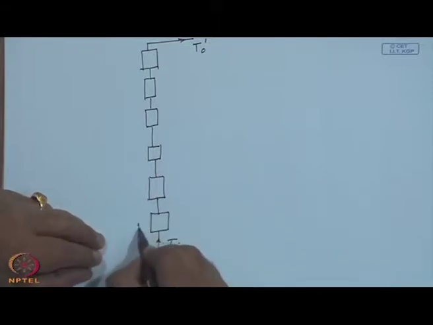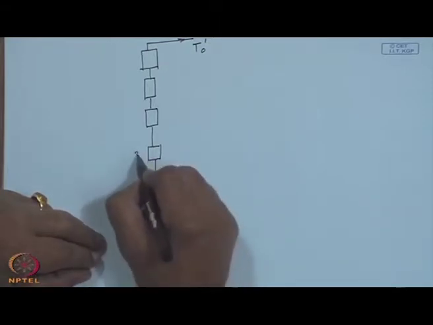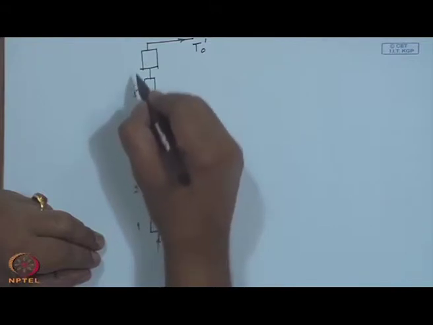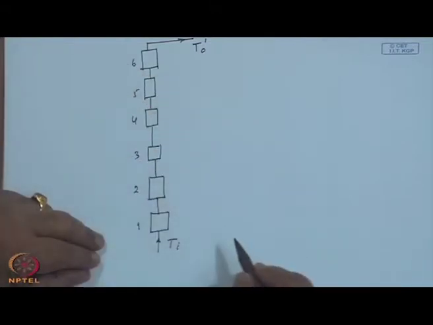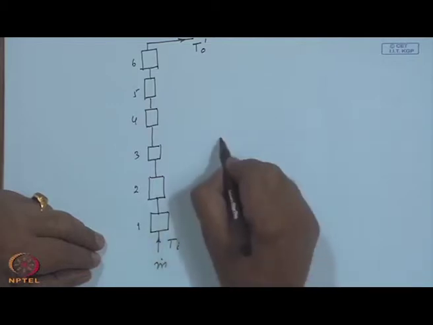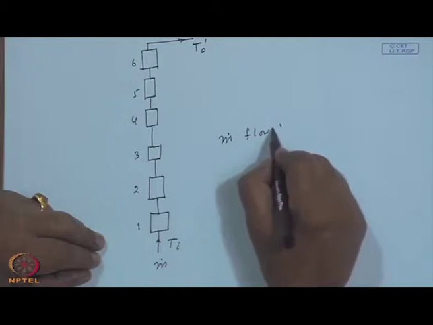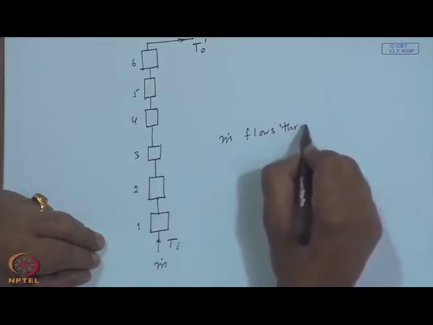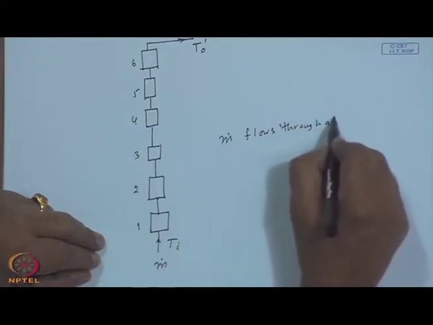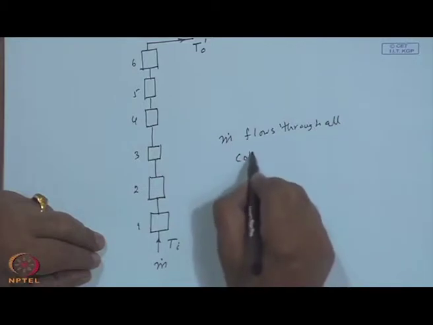This is collector number 1, 2, 3 and 6. m dot flows through all collectors.